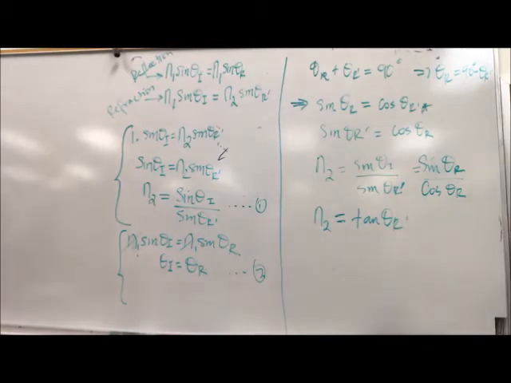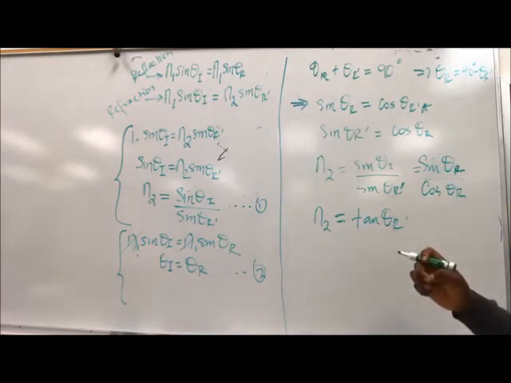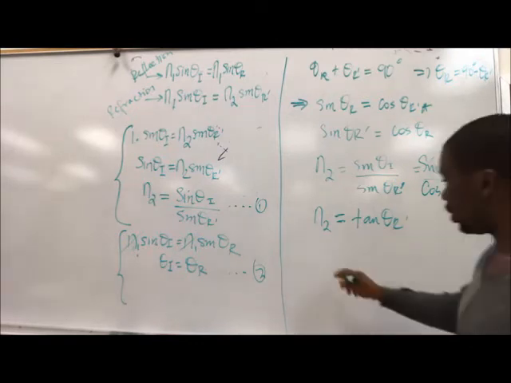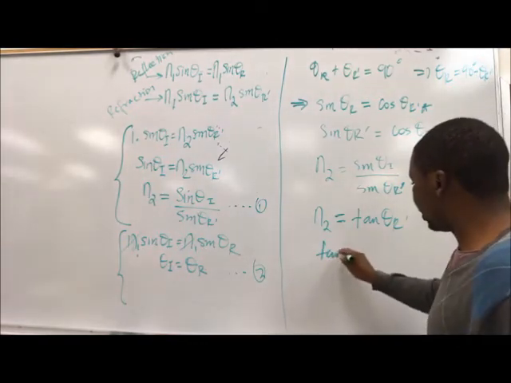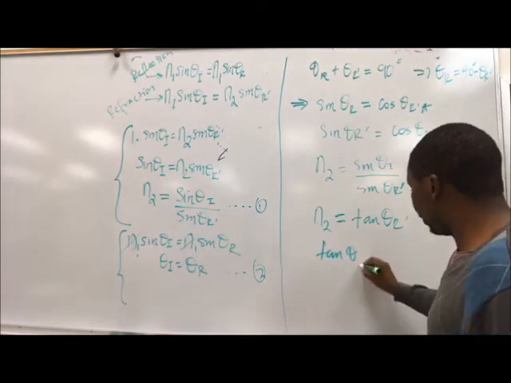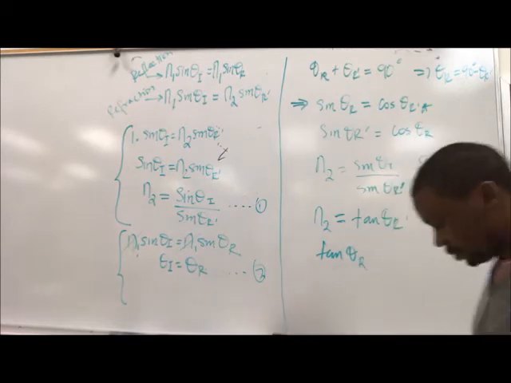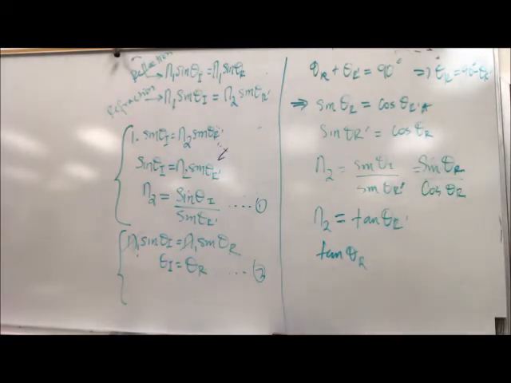All right? But if you look at your drawing, you had a distance called x and a distance called y. Those two distances were also related by the tangent of the angle of reflection.